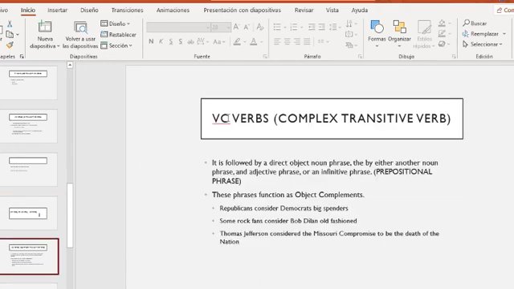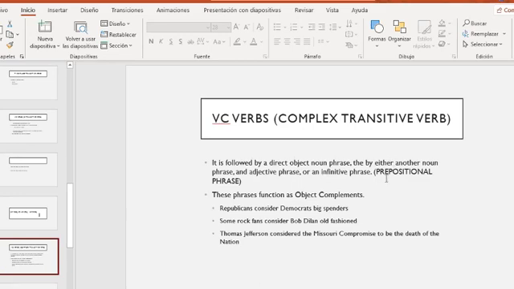And now VC, in fact, as Morenberg talks about it, is a coincidence that C is considered and C is complex. It's a nice coincidence. According to Morenberg, VC verbs only take what? Noun phrases, adjective phrases, and infinitive phrases. Remember?